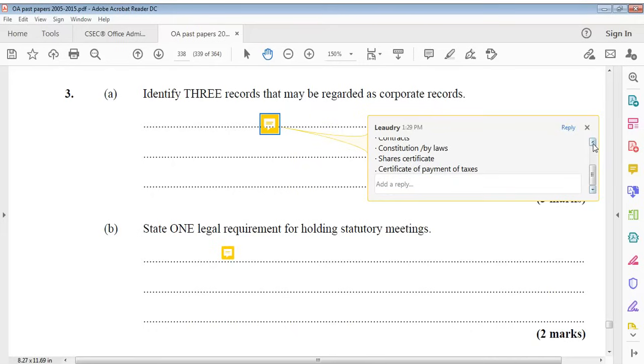So any 3 from these 8 you could select for your answer. Any 3.